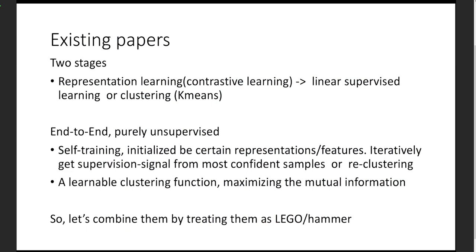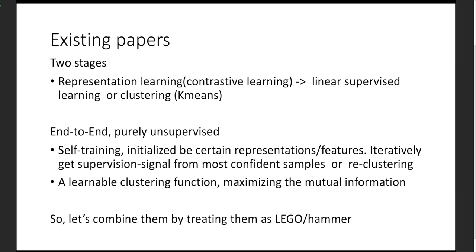There are several existing papers. The authors think those papers can be categorized. There are two categories. One is the two-stage approach. At the first stage they use a representation learning method, for example the very hot method, contrastive learning.